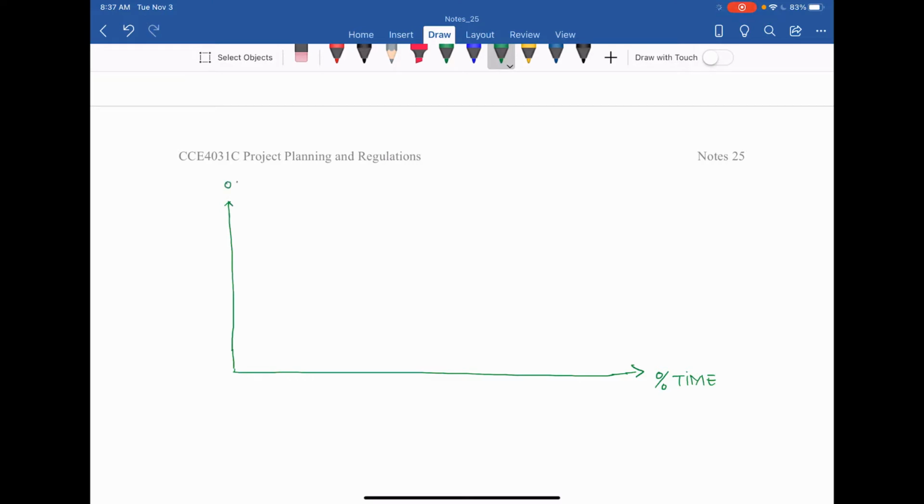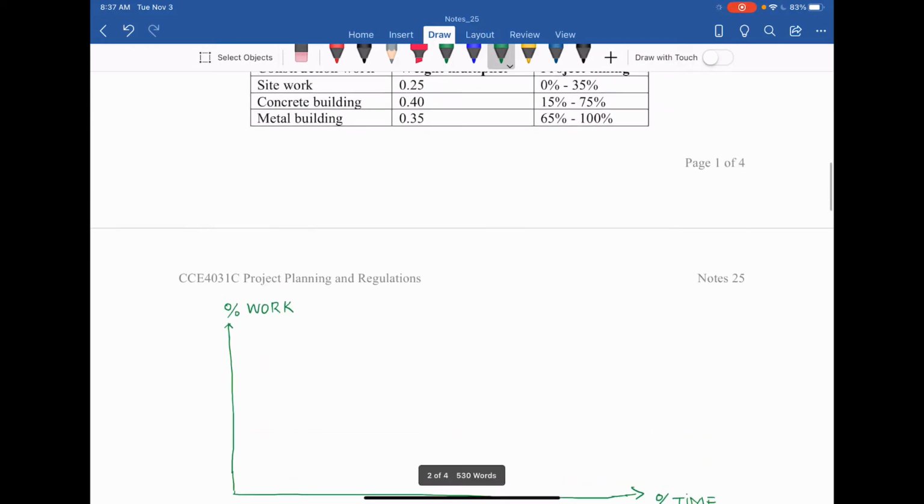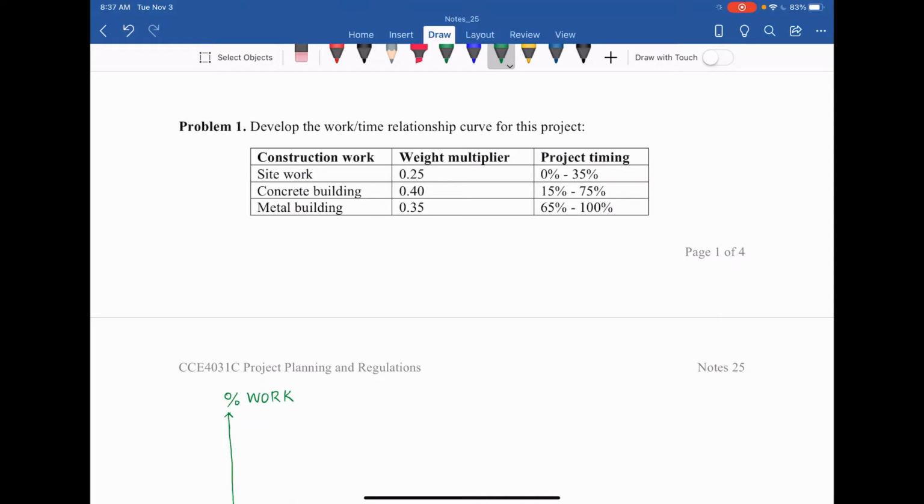That's why we call it the work time relationship: percent time and percent work. Let's call the site work SW, the concrete building CB, and the metal building MB.